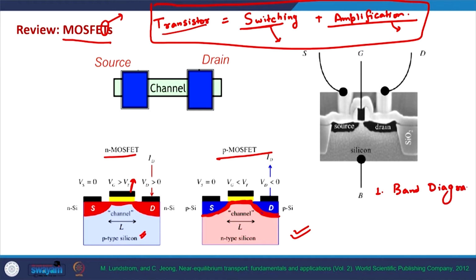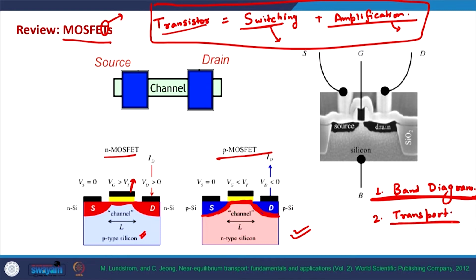We need to appropriately, or in a very good way, understand the band structure or the band diagram of the transistor, especially in the MOSFETs. That gives a very intuitive and extremely important qualitative idea of the entire mechanism of the MOSFETs. And so, this band diagram is quite important, and second is the transport.